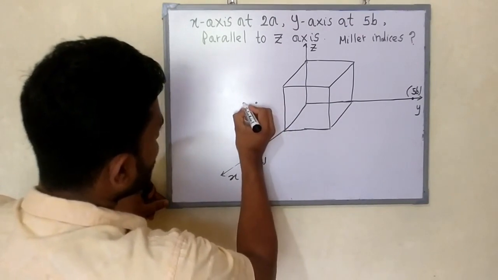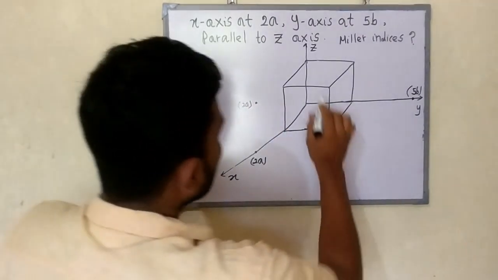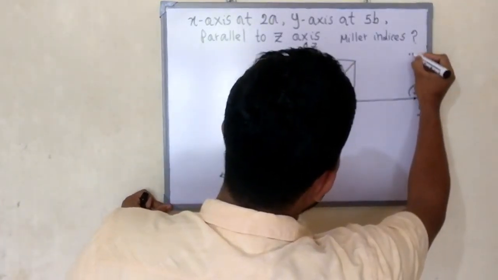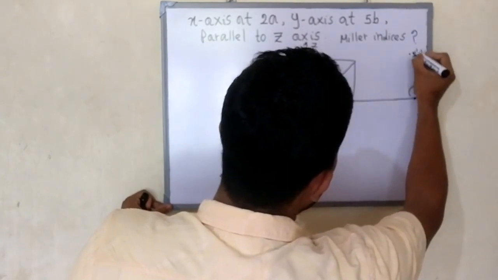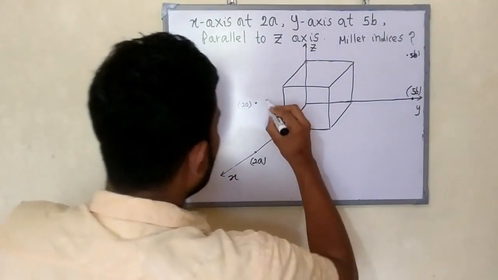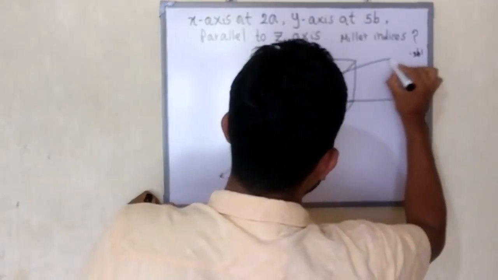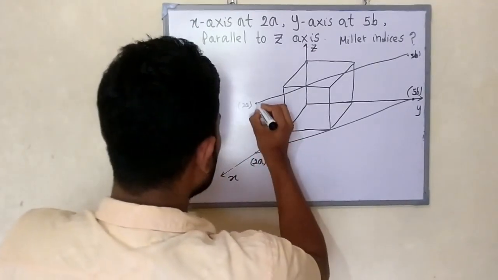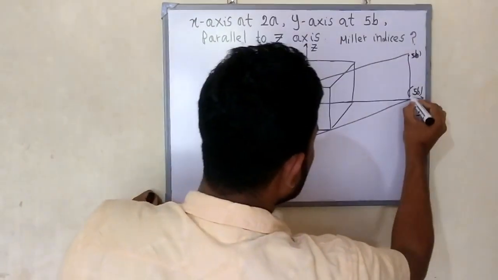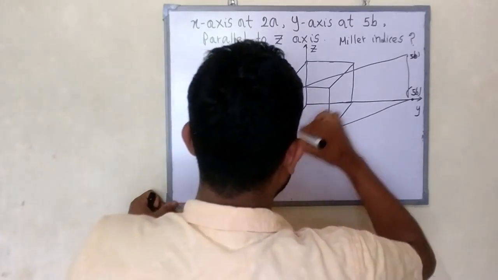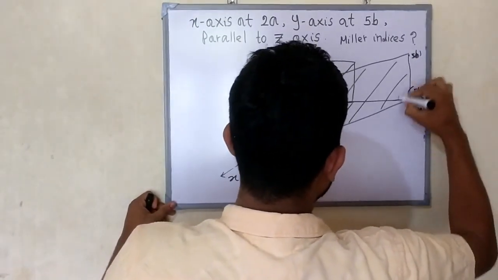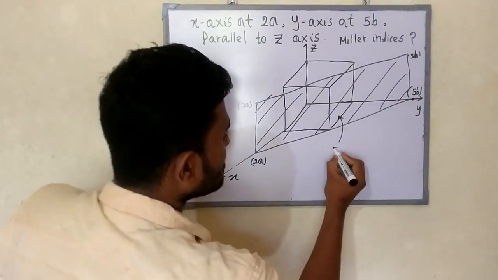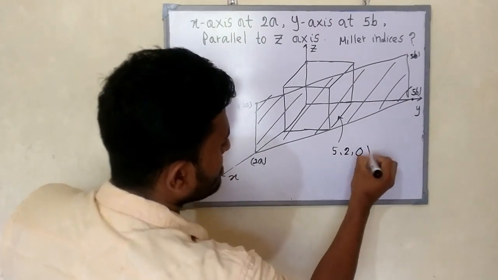This is also 2a. And this is the y direction. From this direction we can write this is also 5b. So this is your plane going parallel to the z-axis. So this is the one we have drawn earlier, with Miller indices 5, 2 and 0.